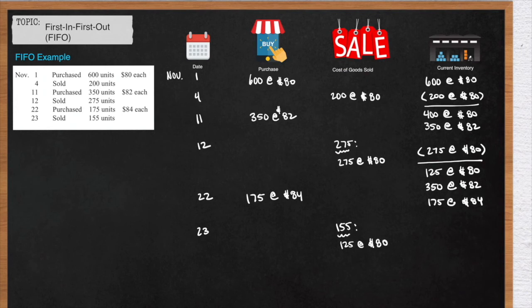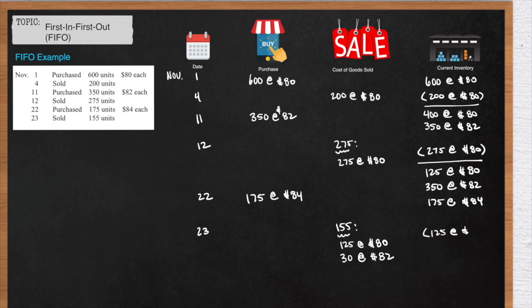So 125 at 80, and we need more because 125 is not enough for the 155 units that were sold. So I'm going to pull the rest from the 350 units at $82. If you're doing your math, it's 155 minus 125, and you need 30 more units. And those 30 units are each costing $82.